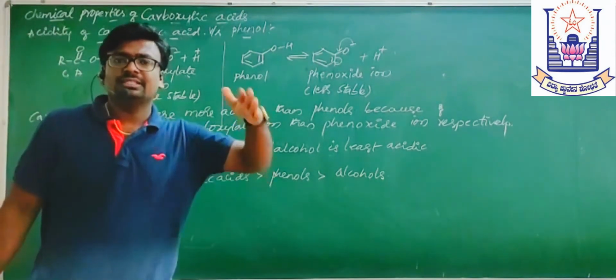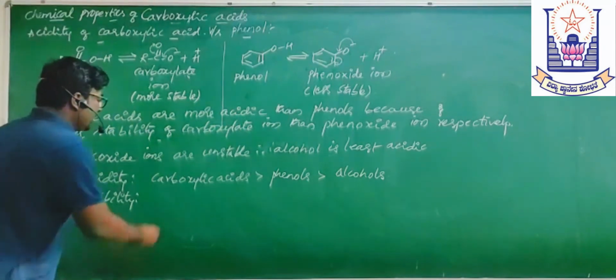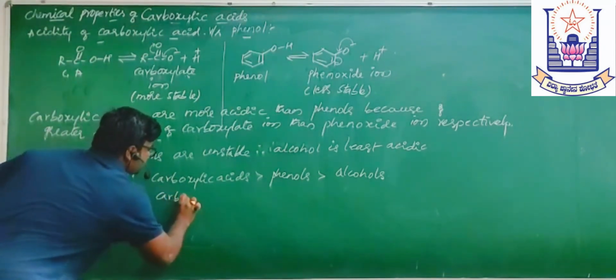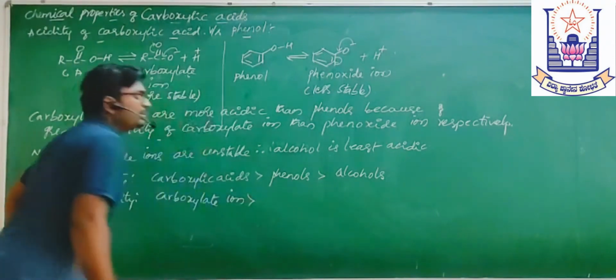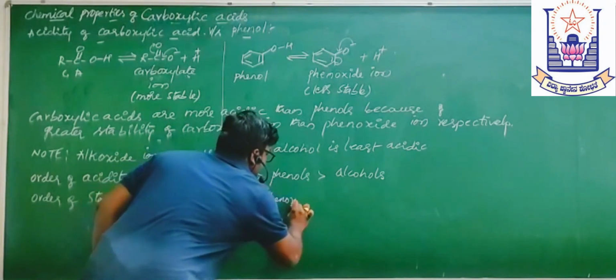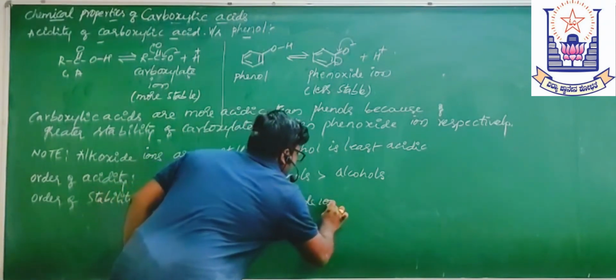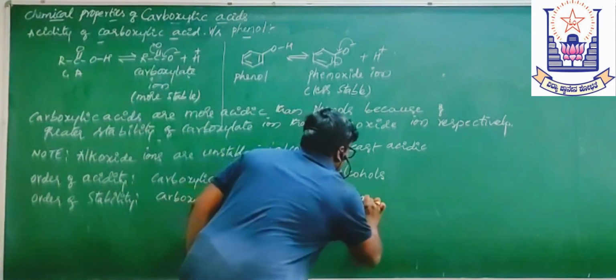If the ion is having greater stability, then it will be more acidic. Carboxylate ion is more stable than the phenoxide ion, and phenoxide ion is more stable than the alkoxide ion.